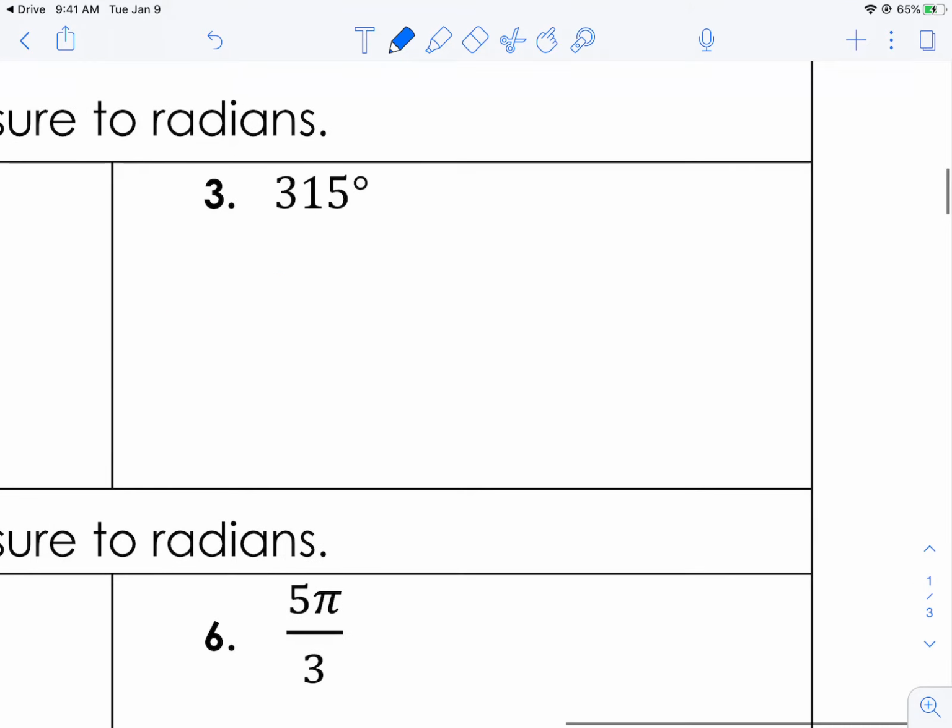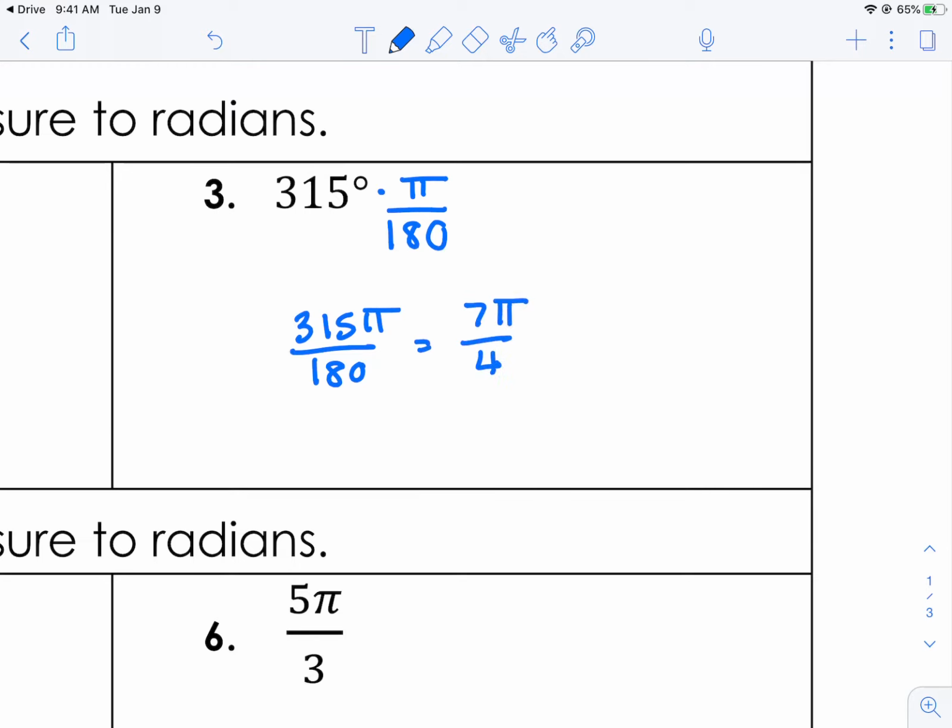And then again, multiply by pi over 180. And we get 315 pi over 180, which reduces to 7 pi over 4. So y'all, all I've been doing is just doing 315 over 180, math, enter in my calculator. There's no need to do it by hand if you have a calculator.